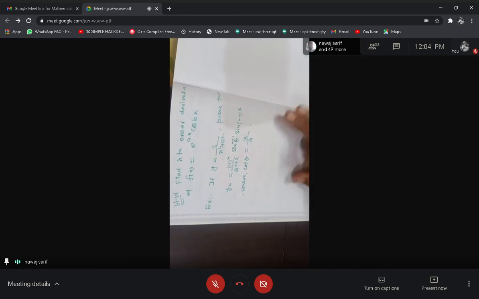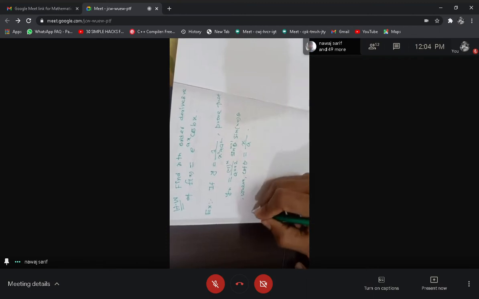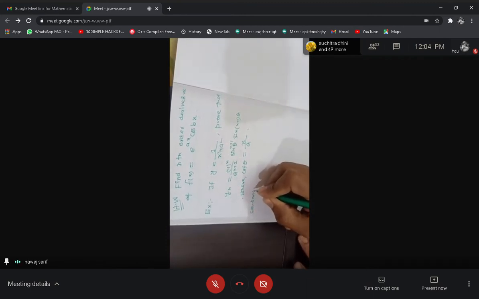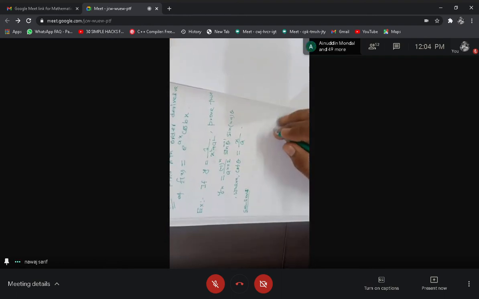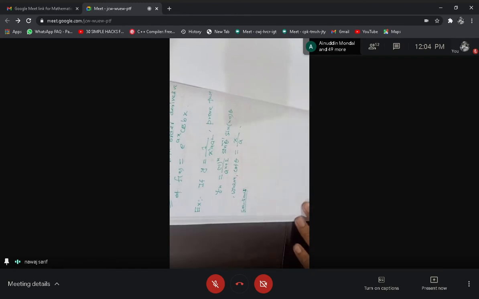So try to solve this. Solution: you have been given that cot theta is x upon a.